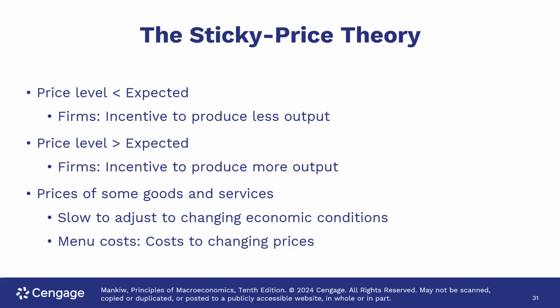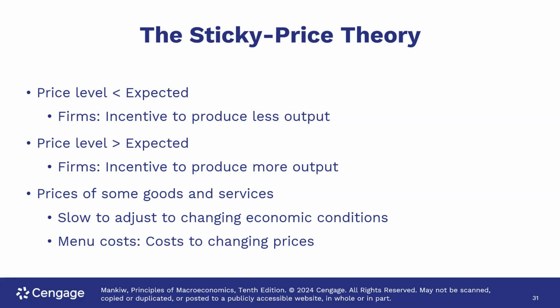What will induce the seller or the producer to produce? Revenue, right? So what will happen to the revenue when the price level goes up? If the price level increases by a magnitude that is smaller than your expectation, then the firms are incentivized to produce less output.